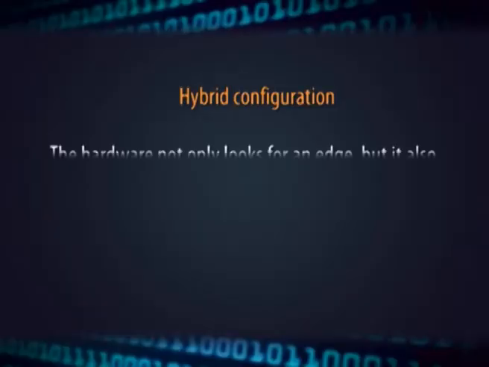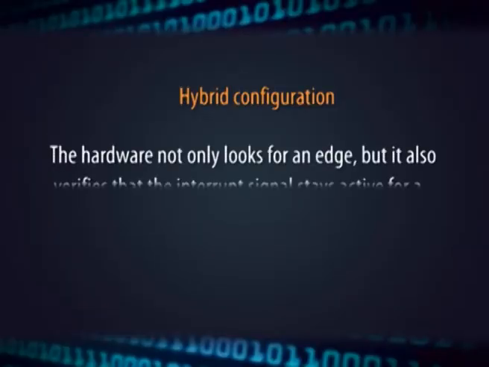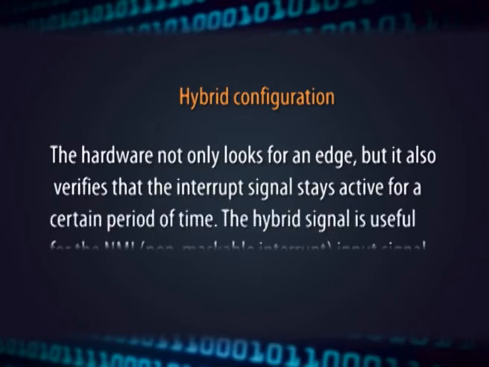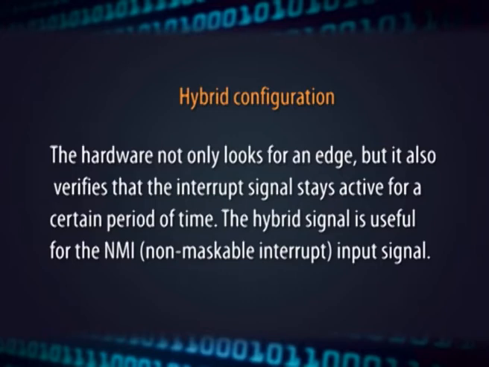Some systems use a hybrid of level triggered and edge triggered signaling. The hardware not only looks for an edge, but it also verifies that the interrupt signal stays active for a certain period of time. The hybrid signal is useful for non-maskable interrupts input signal called NMI in short.